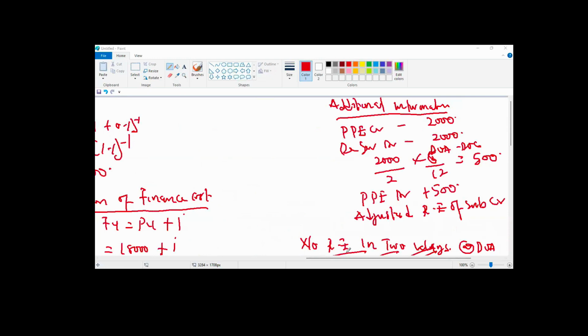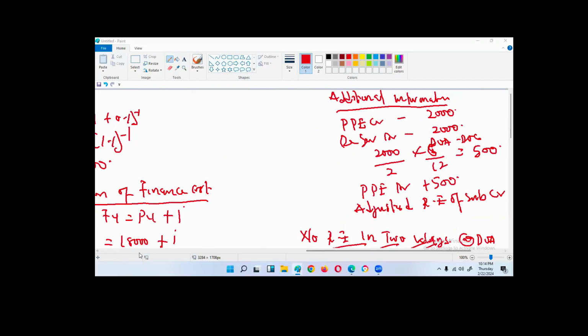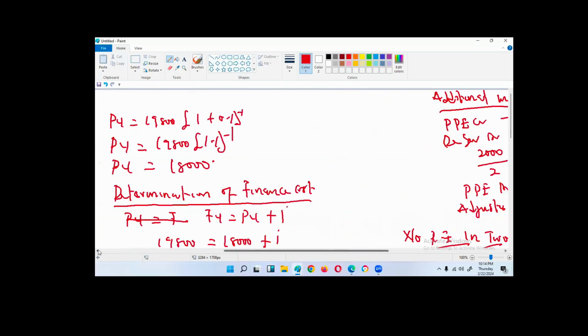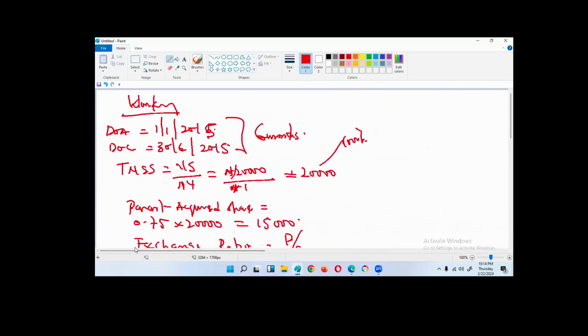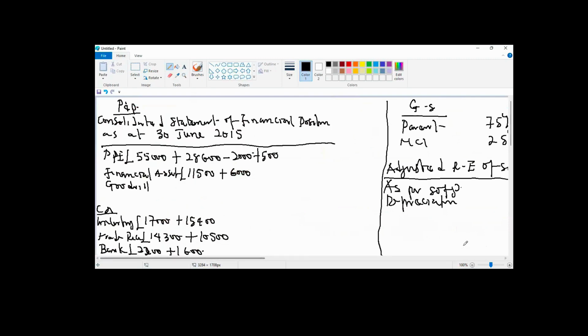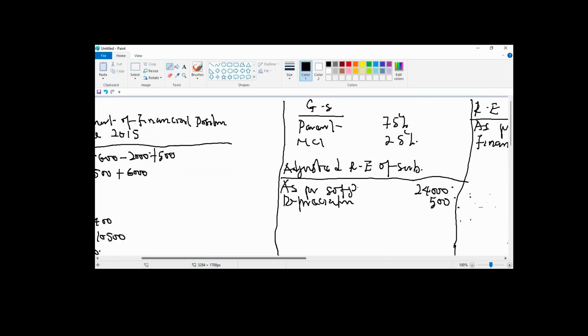I'll open as many as we can. Let me open another page. Okay, we still have a space here. Good.